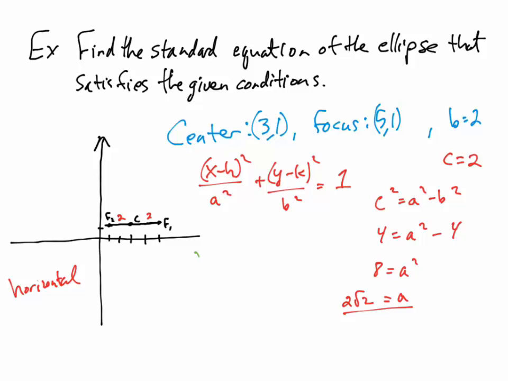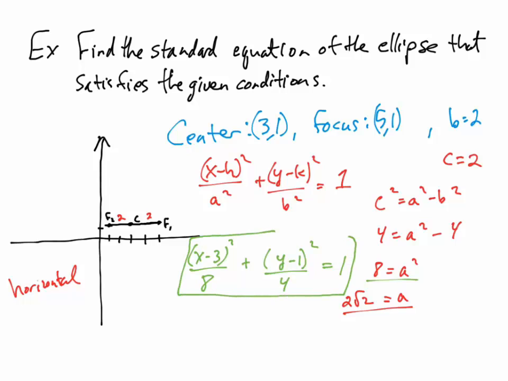So that's going to be (x minus 3) squared plus (y minus 1) squared, equal to 1. And then the a squared value is 8, so that goes in the denominator in the x term. And then the b squared value, well, b is 2, so b squared is equal to 4. And so there's our equation.